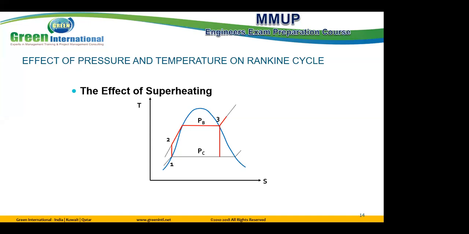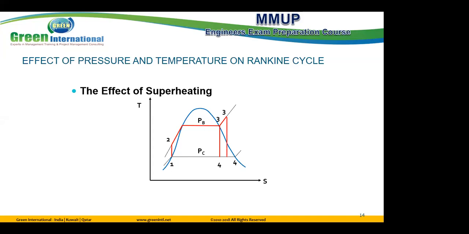But at the same time, the turbine energy obtained in the expansion part also increases. If you compare the turbine work with what happened to the heat added, we find the turbine work is higher. So the output is still higher than the input, and at the end, efficiency increases.